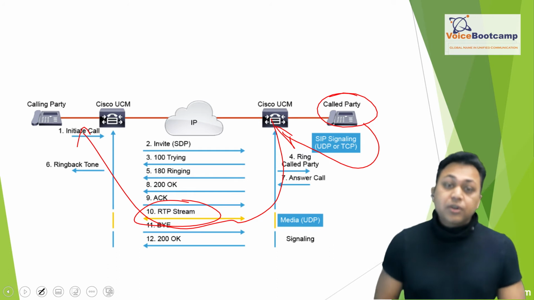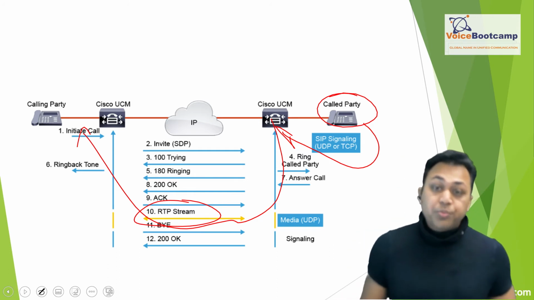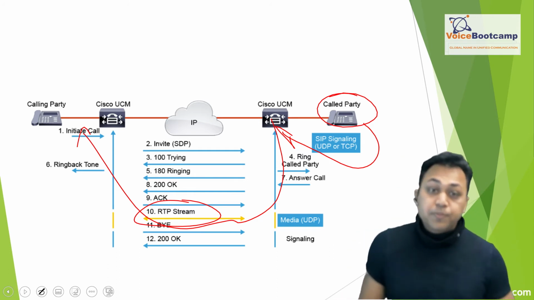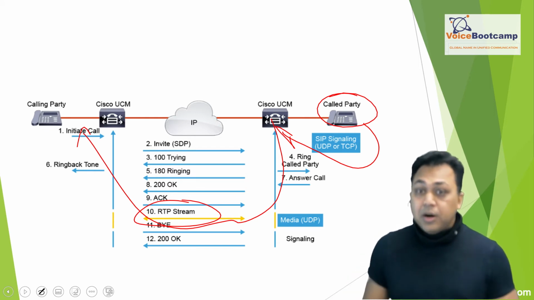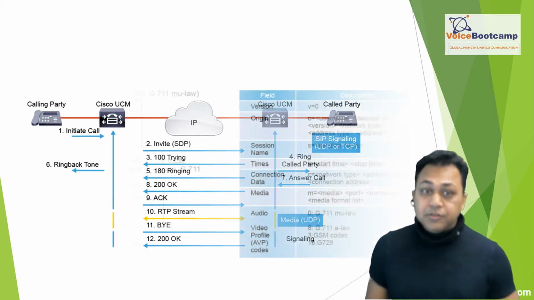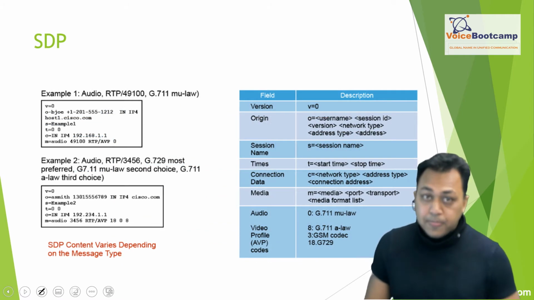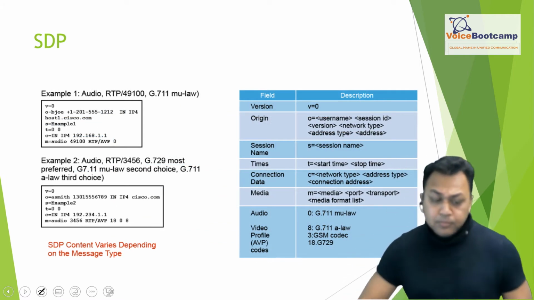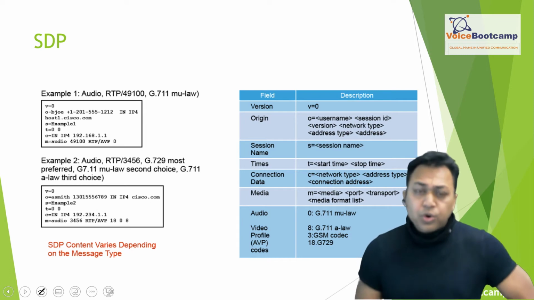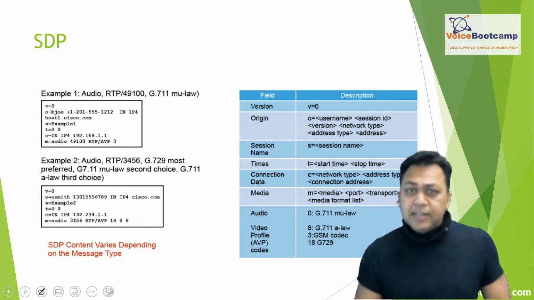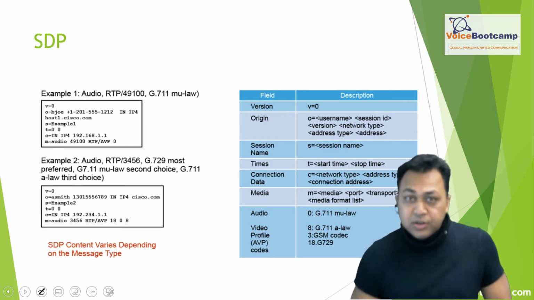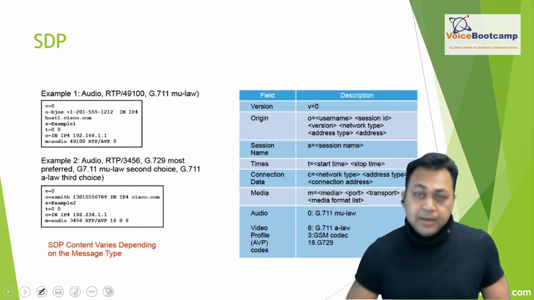SIP will use other standards-based protocols to provide a large set of features based on a relatively simple mechanism. And we're going to talk about what that mechanism is. It's called Session Description Protocol, SDP. Session Description Protocol is an IETF-based format for describing streaming media initialization parameters in an ASCII string.